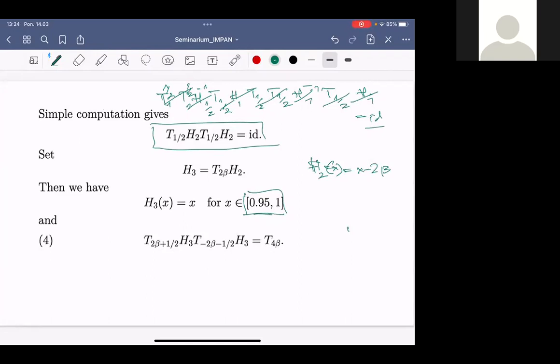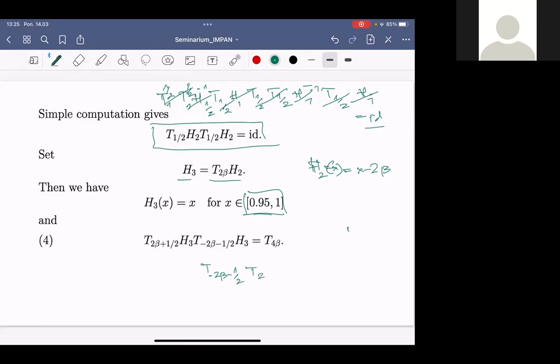0.95 to 1 for this. And now we can write down a new identity. This identity is, again, very simple. Why? Because it uses this identity. If we take H3, which is T2 beta, we have here minus 2 beta minus 1/2.